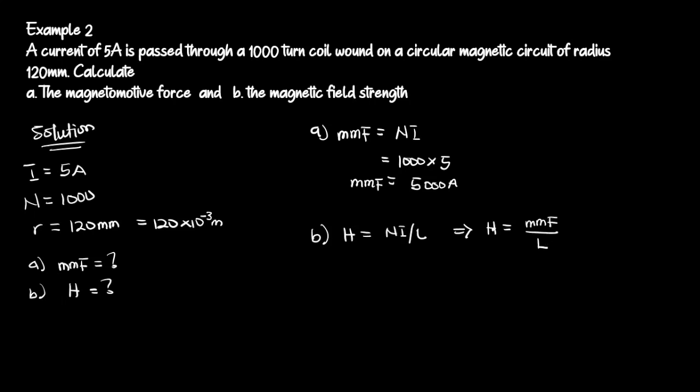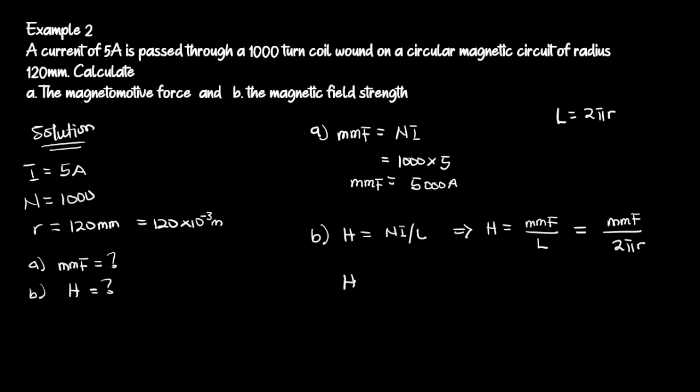The problem here is that we were given the radius, and to find the mean length, we know that the mean length is equal to 2πr. So this whole formula is equal to magnetomotive force over the mean length, which in this case is 2πr. That is what we are going to use.